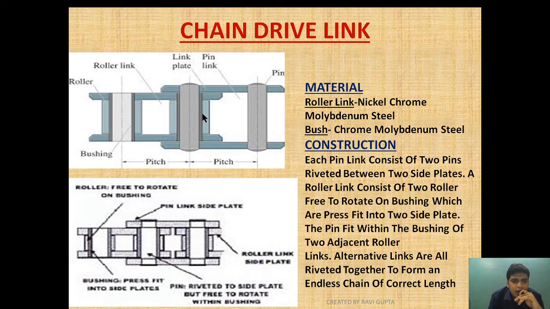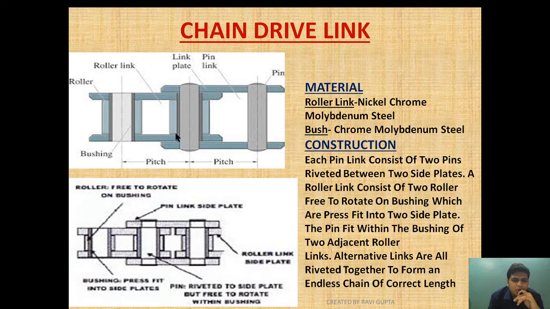This is the pin, this is the bushing, and this is the roller. Basically, the pin is inserted inside a bushing, and a roller is fitted around the bushing. The pin and bushing are free to rotate, but the bushing is press fitted.